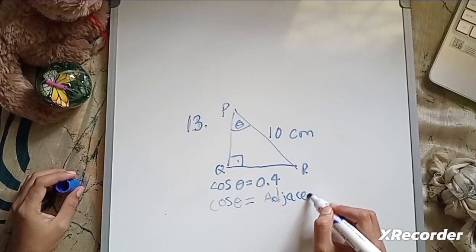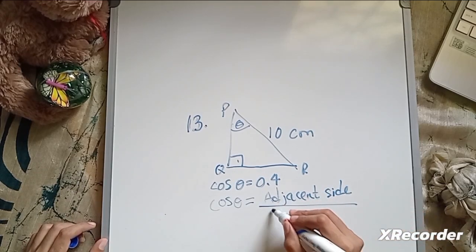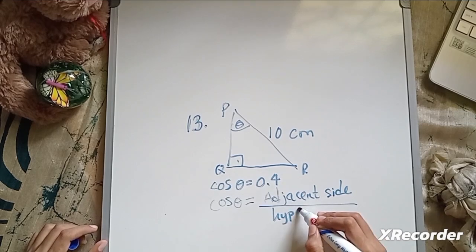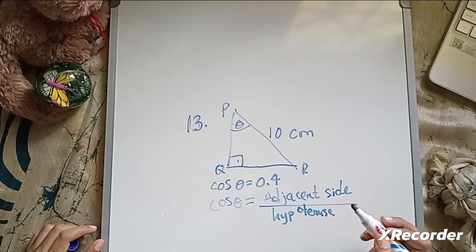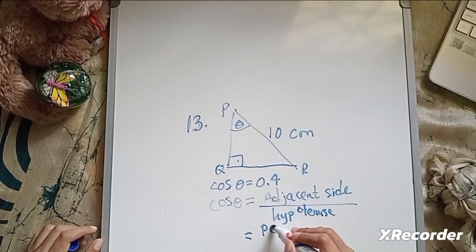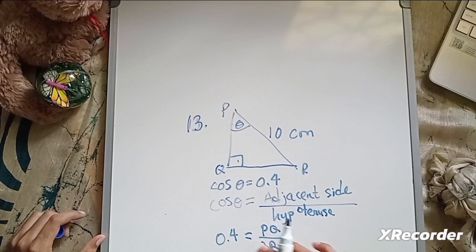Adjacent side over hypotenuse. So here we can write PQ over PR is 0.4.